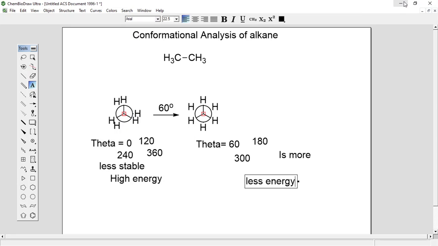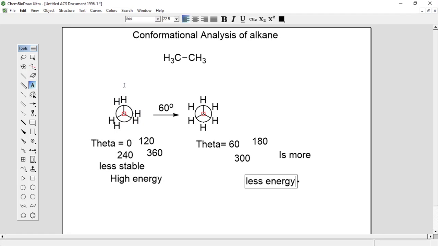Now let's see its energy profile diagram. But before that, did you understand what is conformation and conformational analysis of ethane? So at dihedral angle 0, dihedral angle means the angle between the substituent on the first carbon and the substituent on the second carbon.